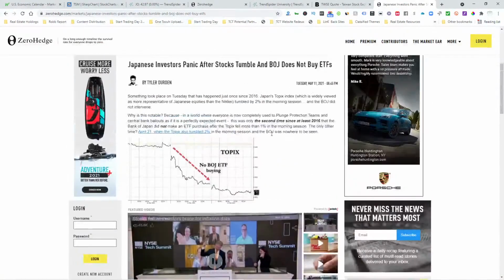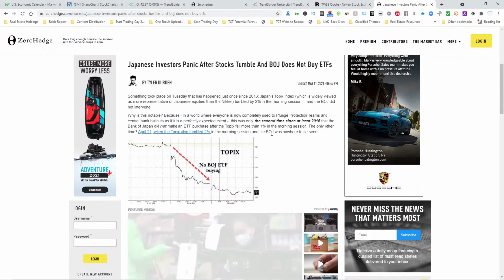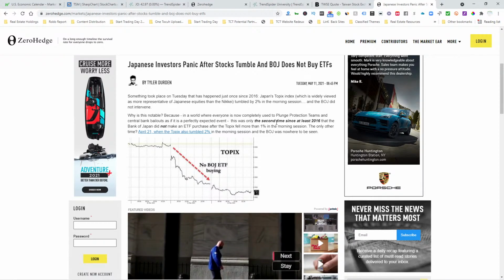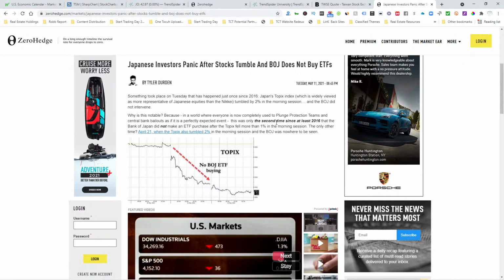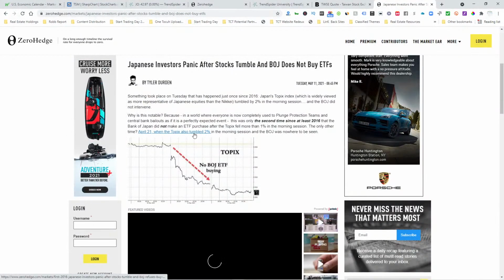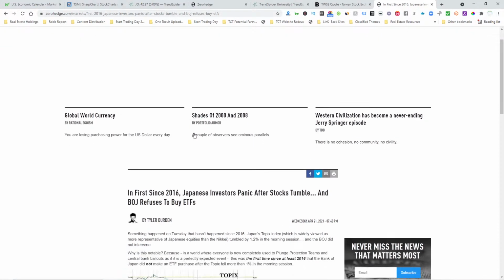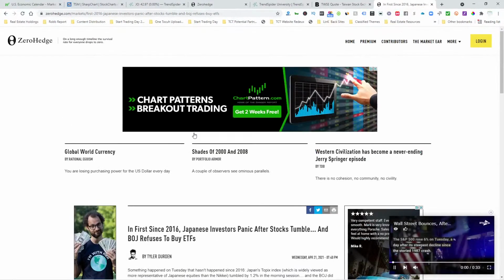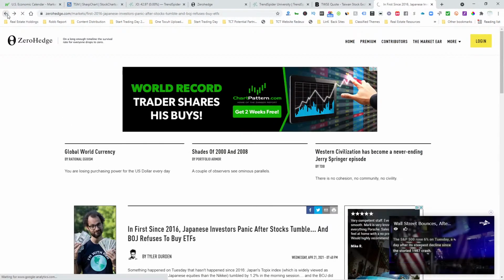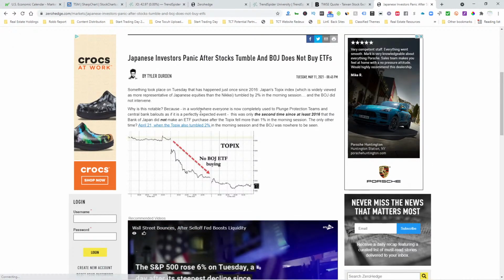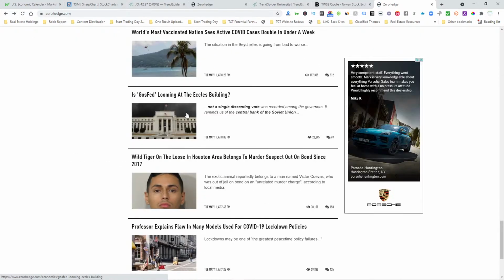Who knows what ETFs the Japanese BOJ was buying up that maybe had Taiwanese tech stocks in them. I'm not sure, but it's certainly a suspect. I'm very surprised here about the BOJ backing off. It's not going to end well for Japanese stocks.